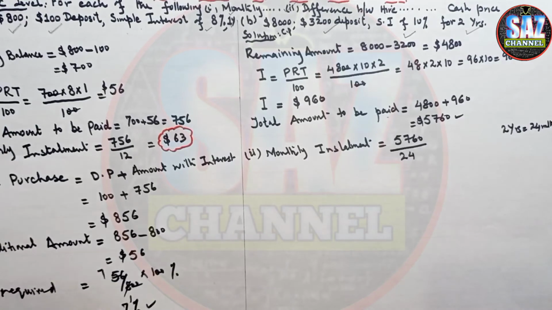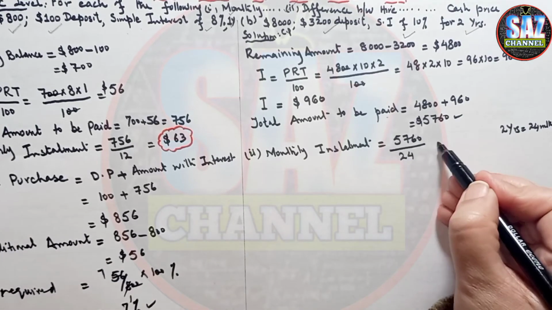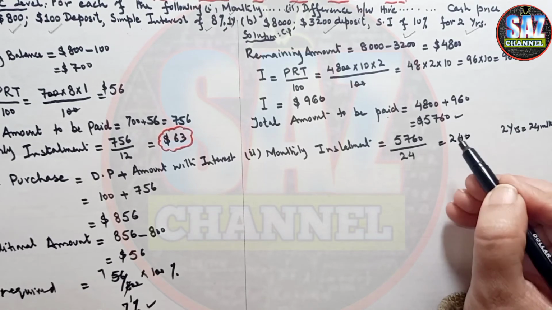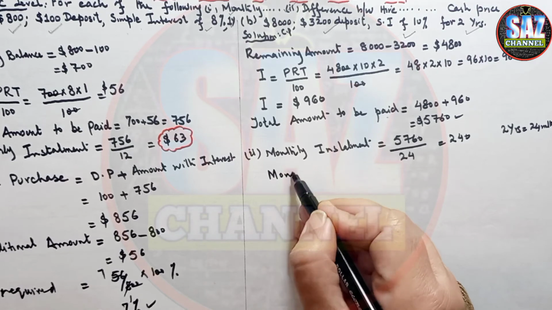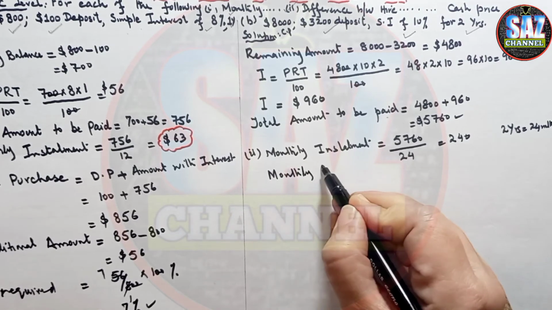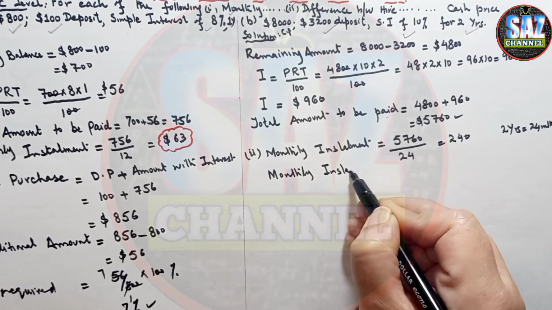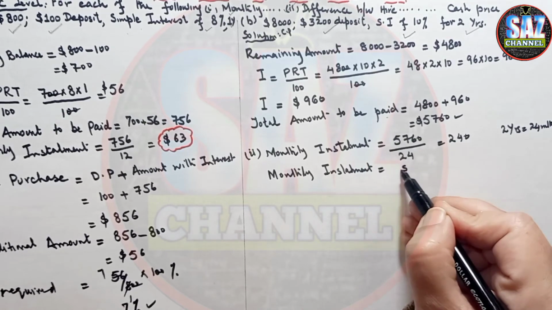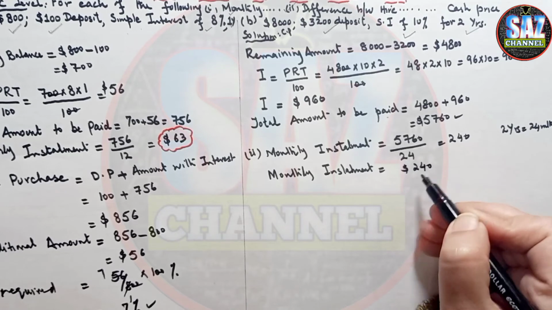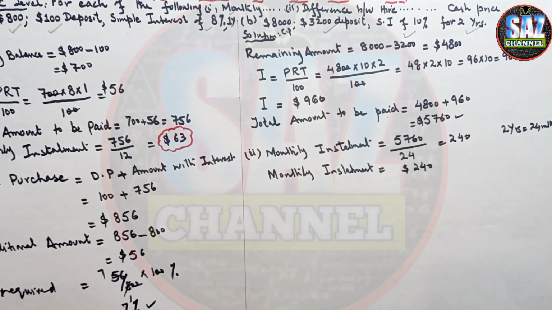So 5760 divided by 24, and this gives me $240. So each monthly installment is equal to $240. I hope you are clear that how we are calculating the monthly installment and total amount with interest.